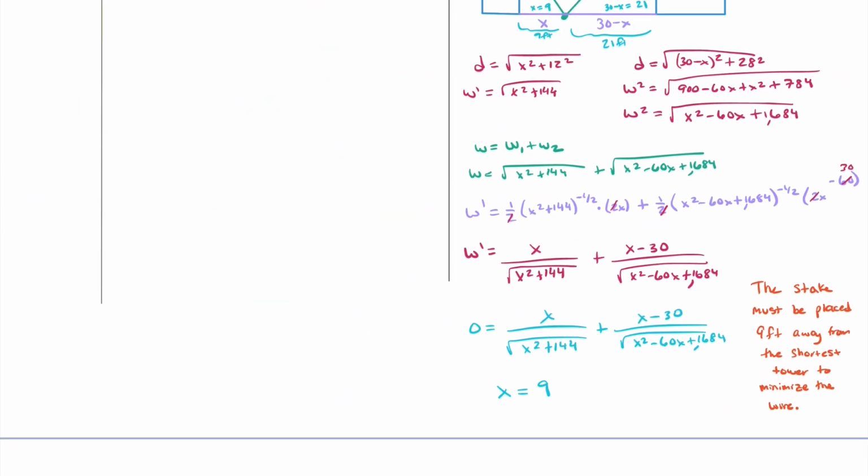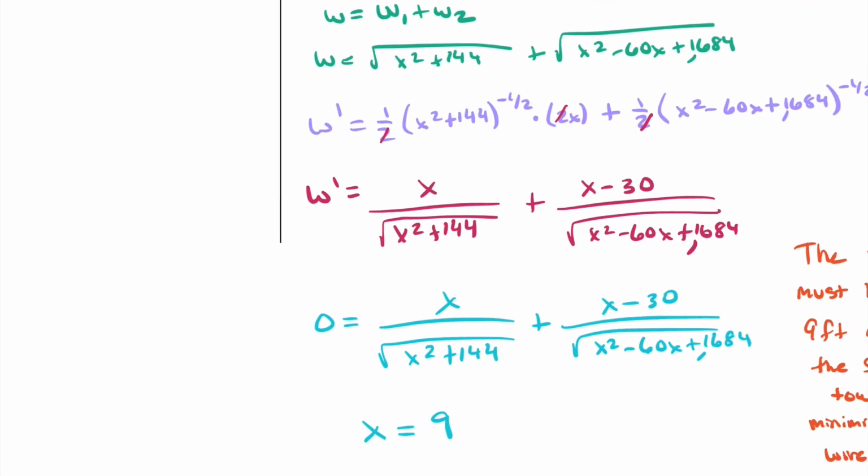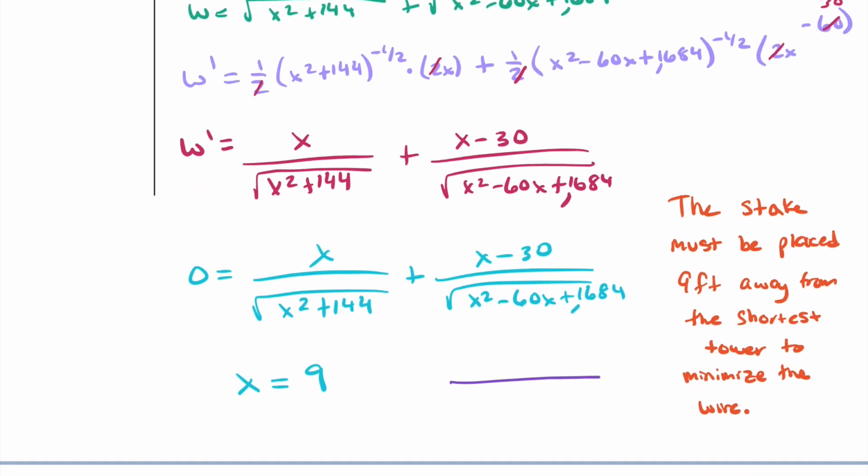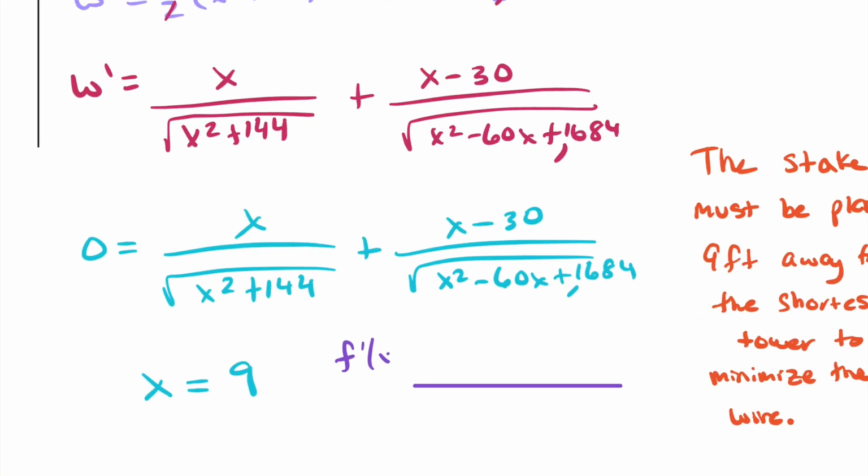Again, I would use the first derivative test. I'm not about to find the second derivative of this one. Anything prior to 9, you can use. So when I do my first derivative test here, where clearly the wire has to be at least 0. We're going to look at 9.